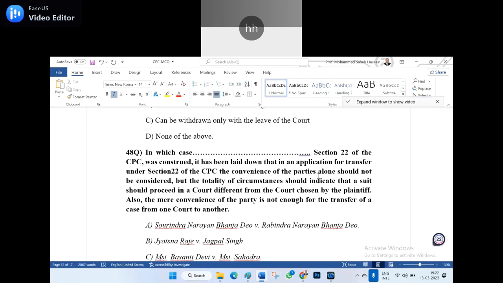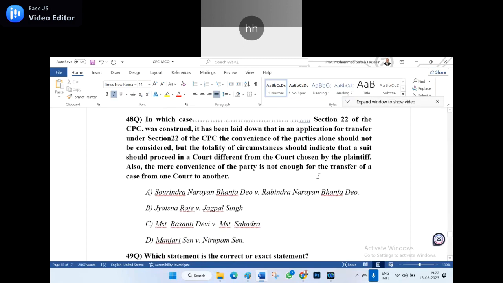It has laid down that in an application for transfer under Section 22 of the CPC, the convenience of the parties alone should not be considered, but the totality of the circumstances should indicate that a suit should proceed in a court different from the court chosen by the plaintiff. Also, mere convenience of the party is not enough for the transfer of a case from one court to another. So, which is the case law?